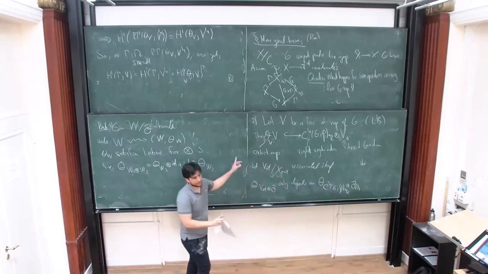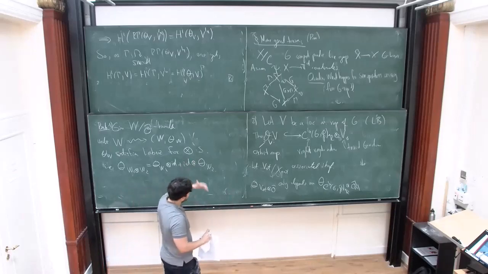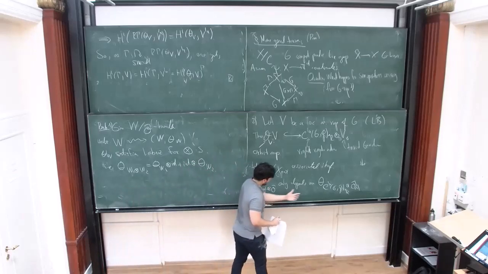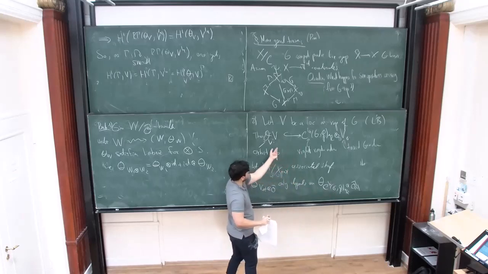Because you can embed V into that, you send the scalars, then the Sen operator is natural in the construction, and the only thing that will happen here. And also this map is not very injective.